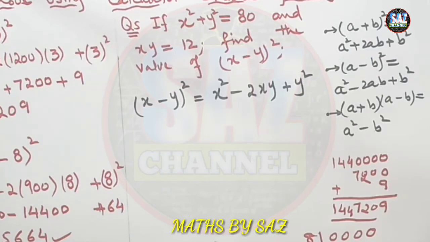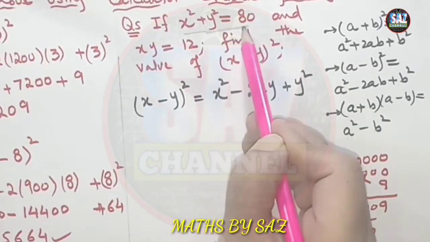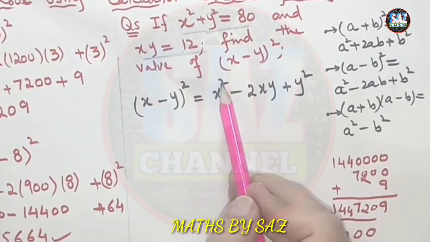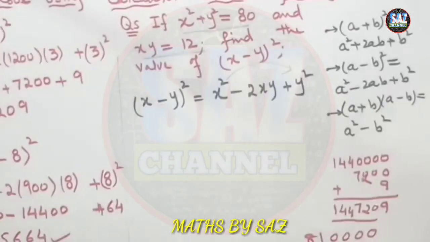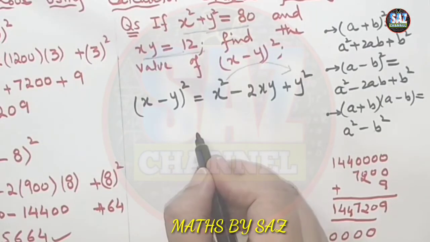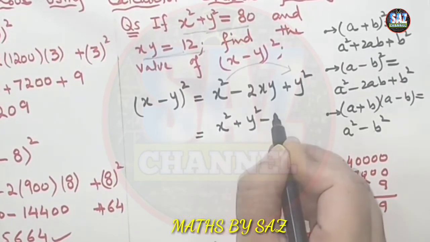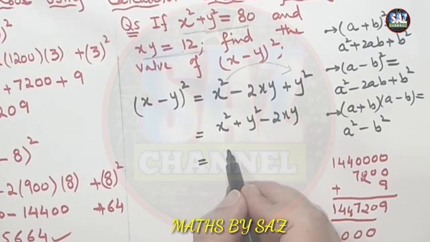If we look at the given situation, the question says that x square plus y square equals 80 and xy equals 12. So it is better to write these two parts, x square plus y square, together, minus 2xy. Now replace the values.